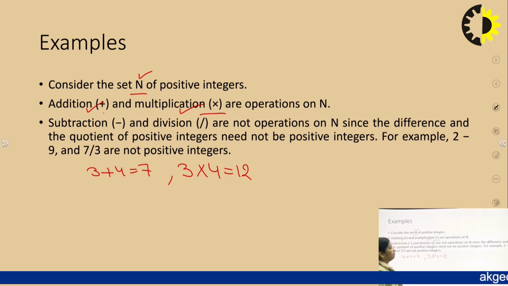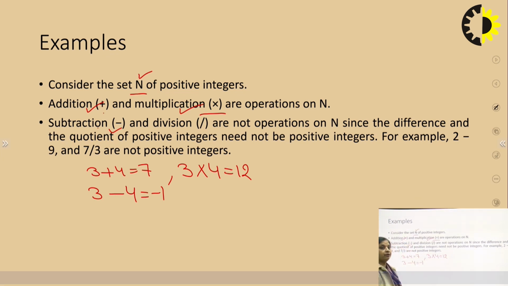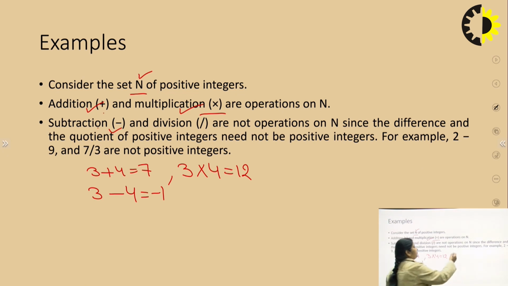That is the closure property. Now if we talk about subtraction. If I take two positive integers, 3 and 4, what I get here is -1. As -1 is not present in the same set, this is not an operation. Subtraction is not an operation on N, the set of positive integers.